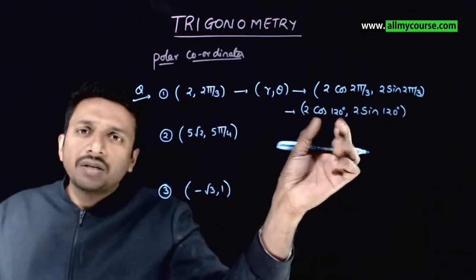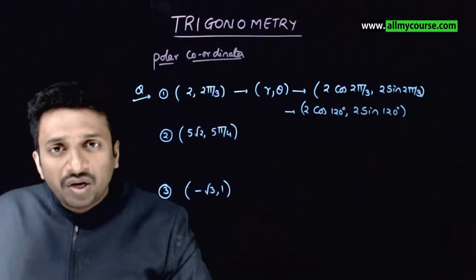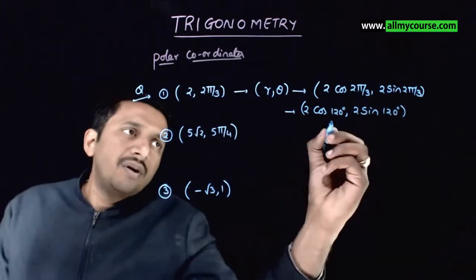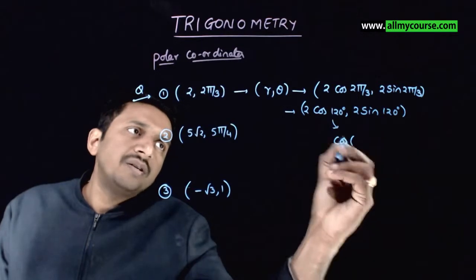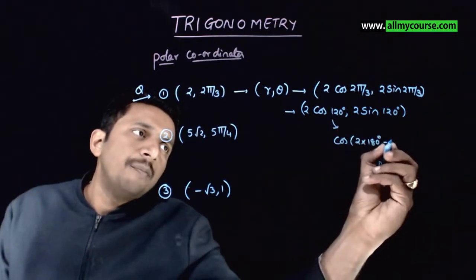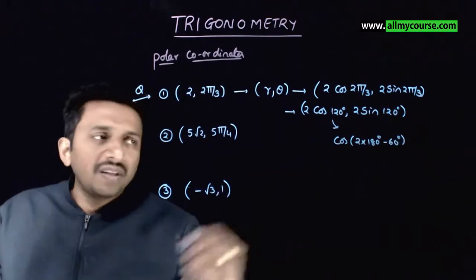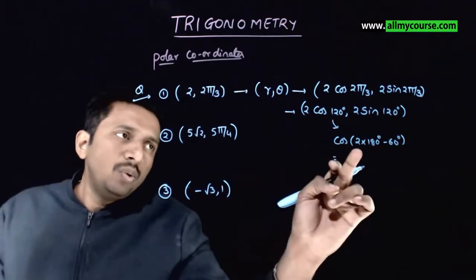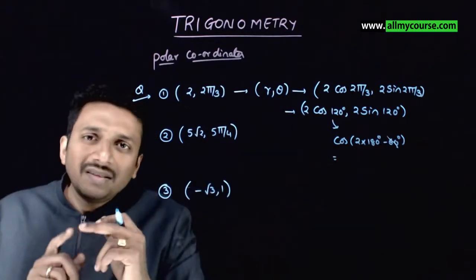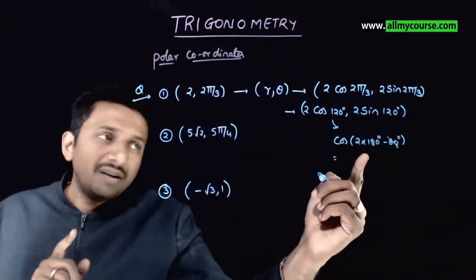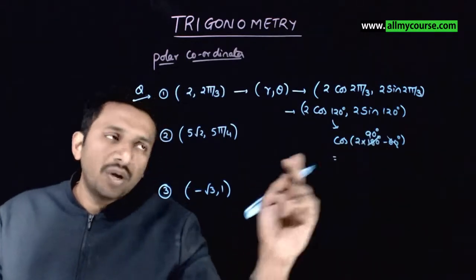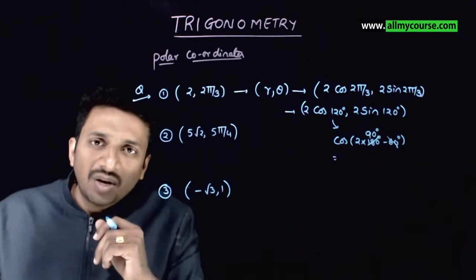So how do you find cos 120 and sin 120? We can use the n pi by 2 plus or minus theta concept. Cos of 120 degrees can be written as cos of 2 times 90 degrees minus 60 degrees, right? 2 times 90 is 180, minus 60 is 120 degrees.